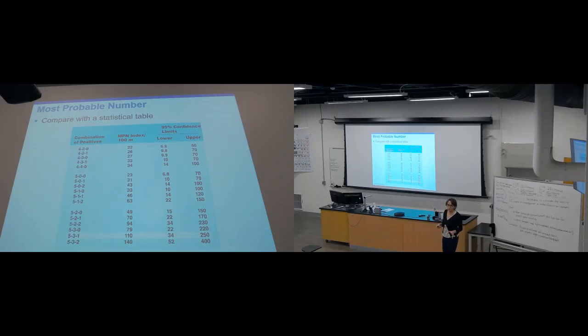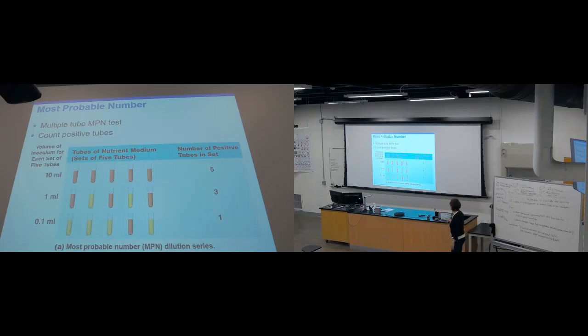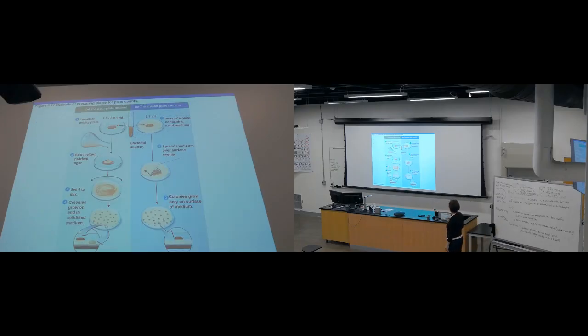And again, you use this when you believe that you have very low counts of bacteria, or when you have a lot of solids. I mean, think about it this way. If you add a sample of wastewater, where you have a lot of debris, don't you think that all of this debris is going to interfere with your technique?